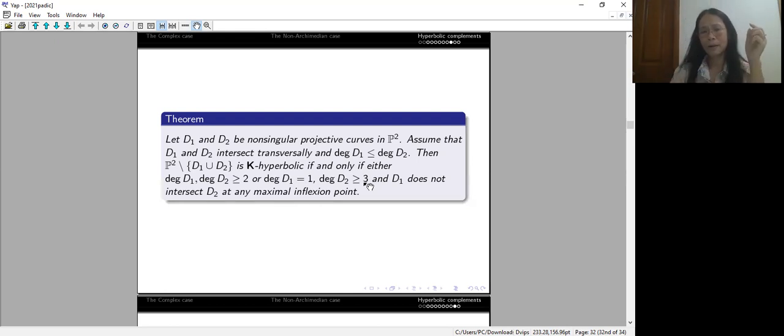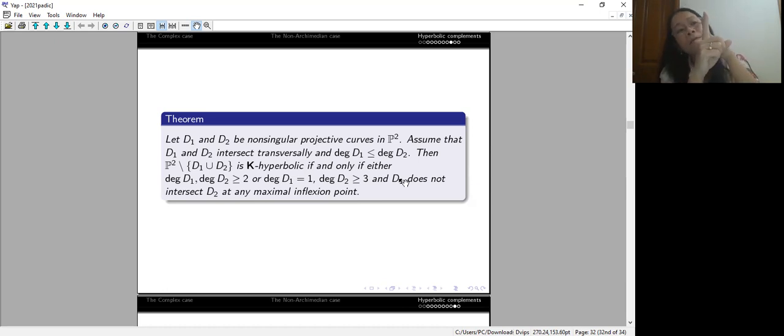What is the maximum inflection point? It means, now D1 is a line and D2 is a curve of degree bigger than or equal to 3. If the line goes through the curve, not in a maximum inflection point.